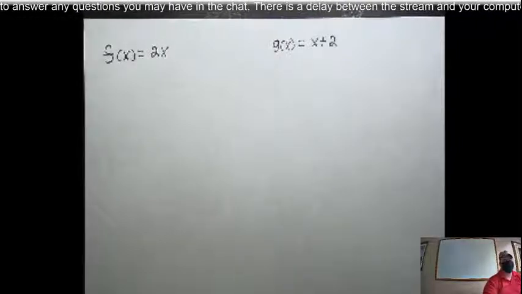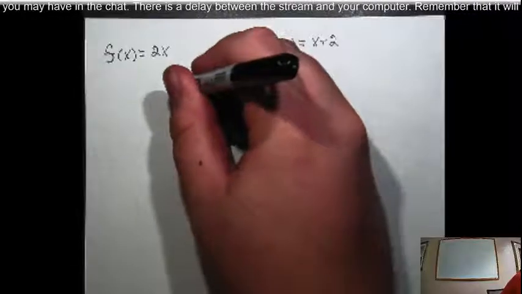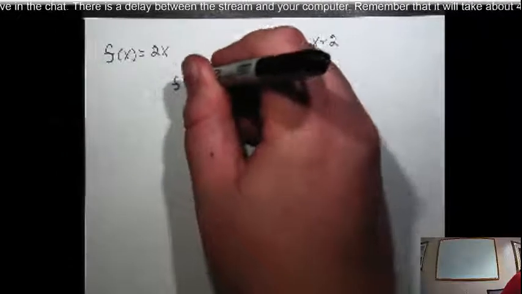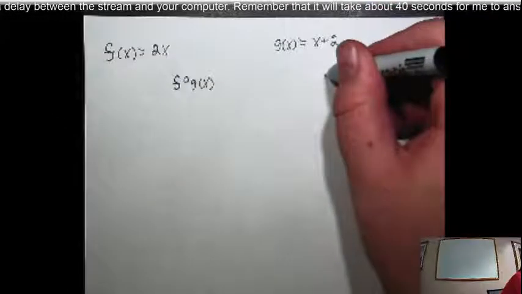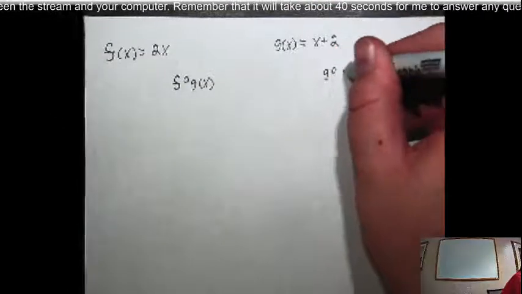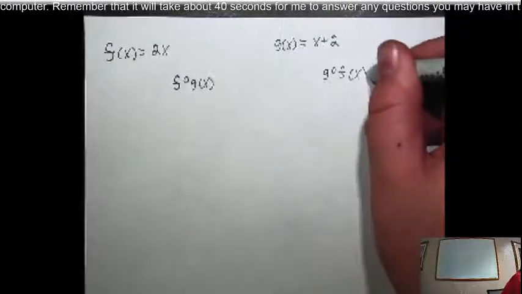We can compose these functions together using f composed of g of x, or the other way around, g composed of f of x.